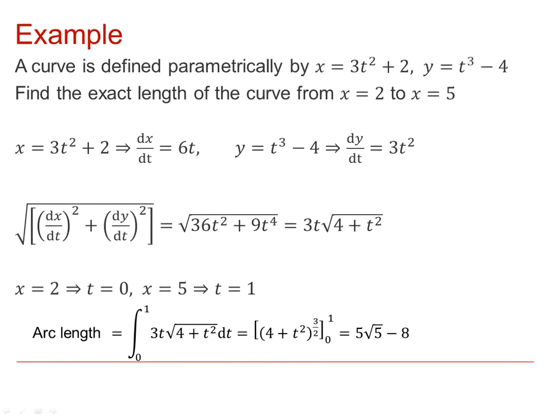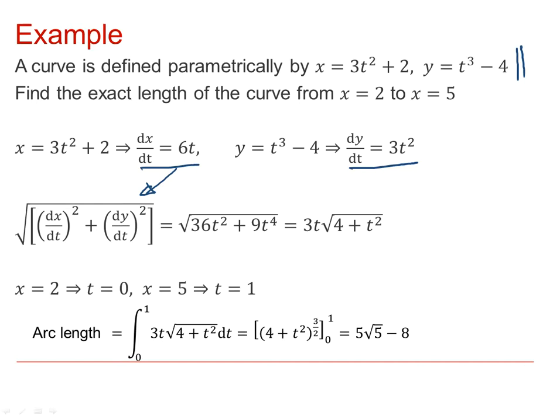So let's just go through that one more time then. You can see that we had the curve defined parametrically. So we needed to calculate first of all dx by dt and dy by dt, so we could substitute those into the formula, which is the square root of those values all squared. So dx by dt squared plus dy by dt squared.